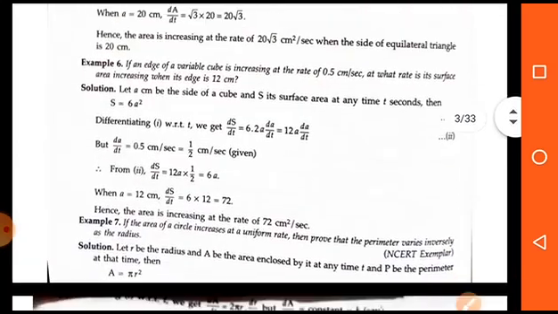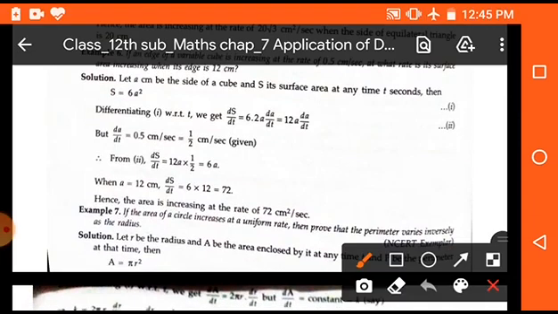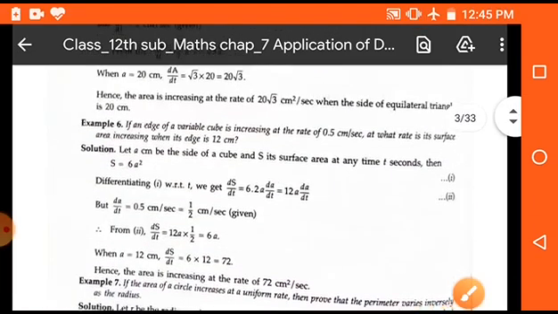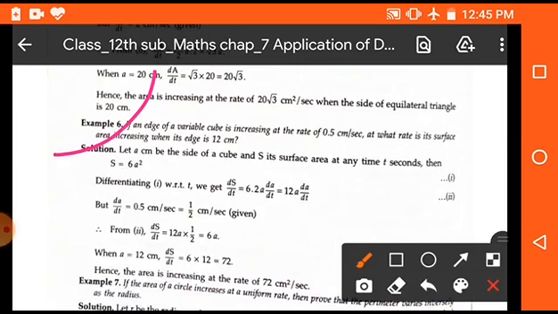Now students, take another example. If an edge of a variable cube is increasing at the rate of 0.5 centimeter per second, that means its edge is increasing with respect to time. Clear? At what rate is its surface area increasing when its edge is 12 centimeter?